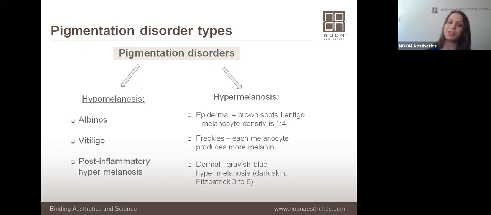The hypermelanosis types, as I said earlier, can be epidermal or dermal. So the epidermal ones are brown spots that are called lentigo and are usually for brighter, fair skin types, so Fitzpatrick 1 to 3. And it's actually interesting because how do you explain that if their skin is fair there is more pigment, more melanin?